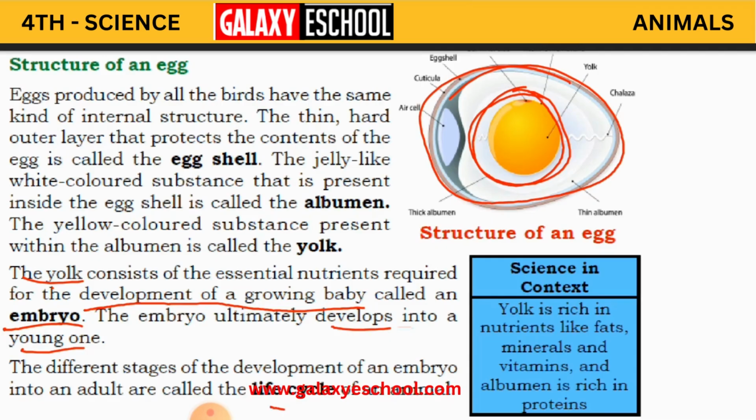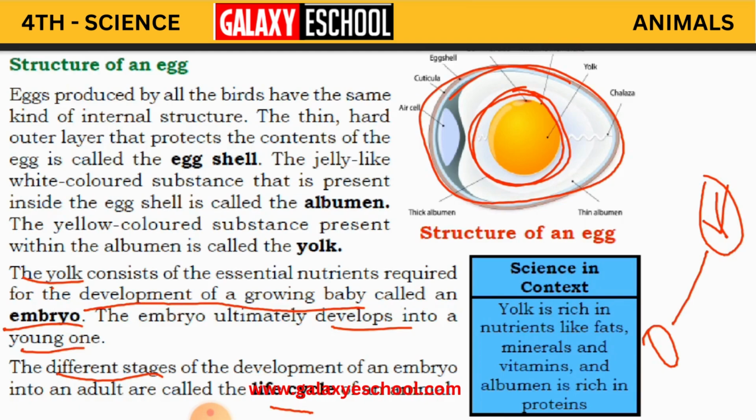Life cycle means from the egg till the developed bird or animal, whatever it may be, as the young ones come out of the mothers. Until that you have got different stages. We are going to learn that now in the further slides.